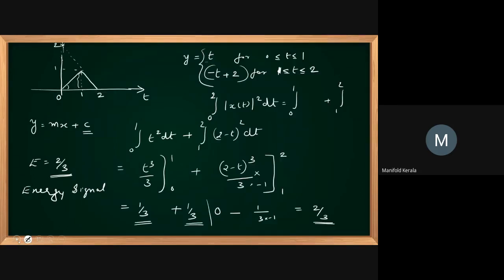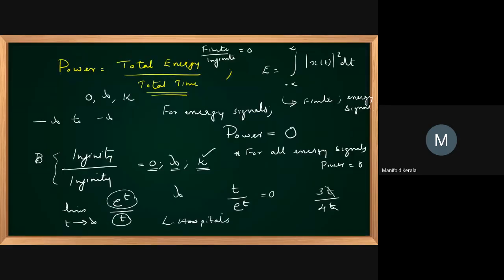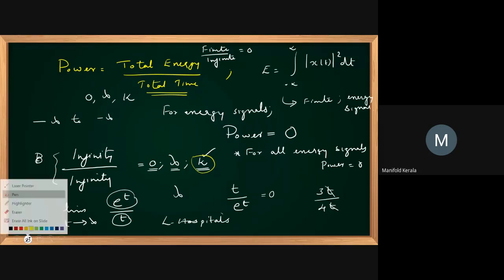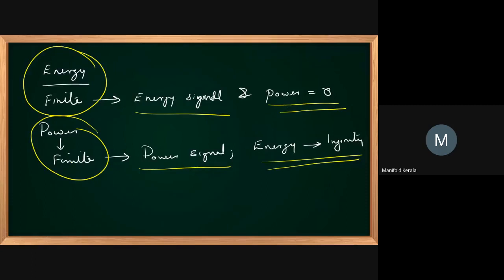Any signal, if its power is finite, is called a power signal. Power is given by total energy by total time. Power can take different values: 0, a finite value, or infinity. If it's a finite value alone, you can call it a power signal. For all energy signals, power will be 0. For all power signals, energy will be infinity. Right?